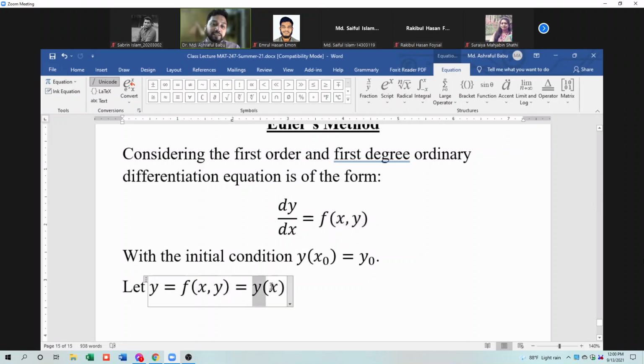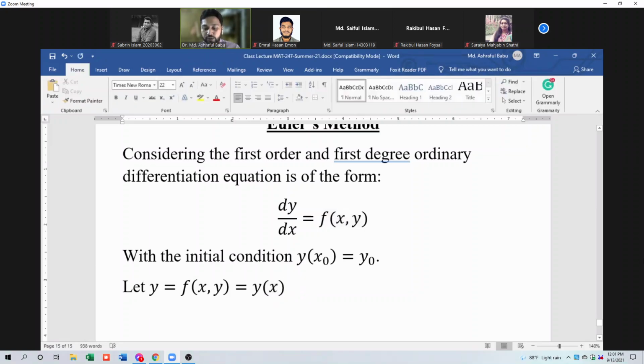So that is how we can write y of x. Don't be confused about this, because there are no two independent variables. There is one independent variable and one dependent variable, because this function is in implicit form. If you write it in explicit form, it will be the expression y of x, or you can write f of x only.